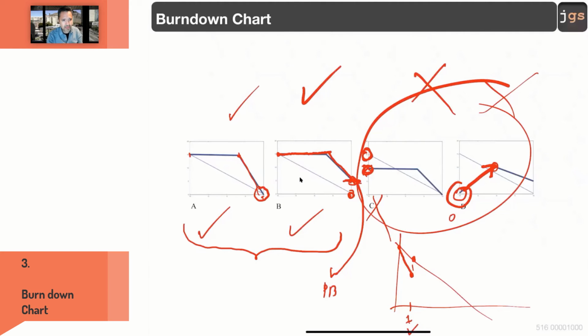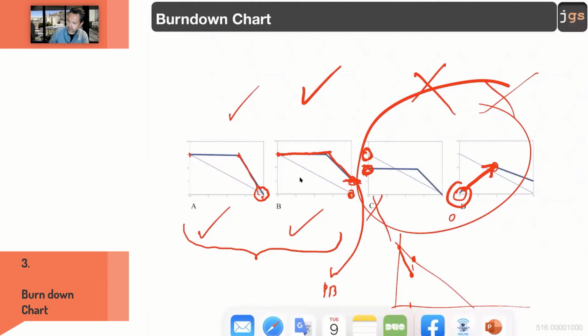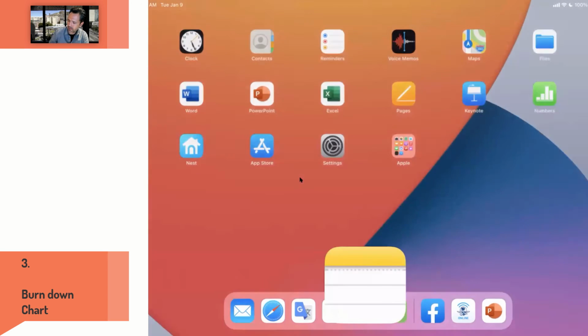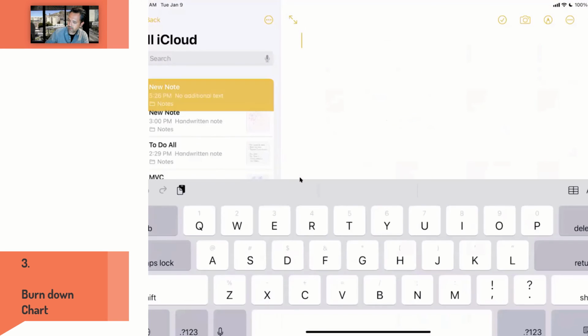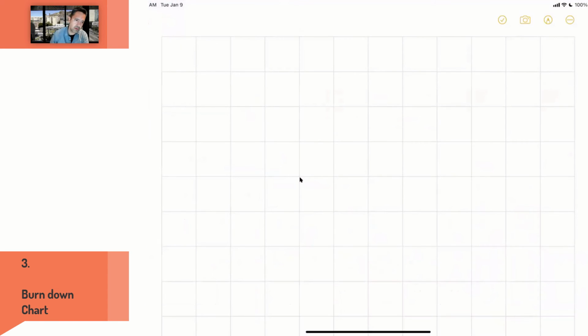Well, very good point. If you continue working with the unfinished things of a previous sprint, let me be clear about the correct thing to do. You have your product backlog.